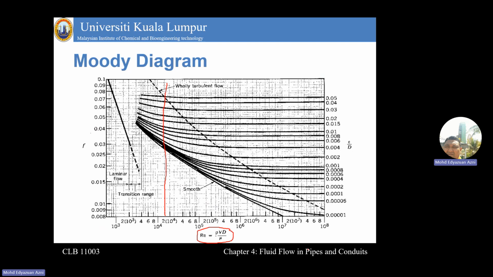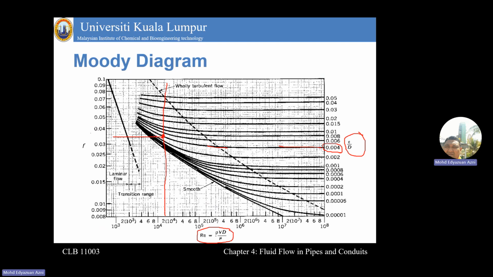And then on the right side is the relative roughness. After we calculate our relative roughness, which is the roughness over diameter, if we get a value, for example 0.004, we will use this line, and we get the intersection between the Reynolds number and the relative roughness.